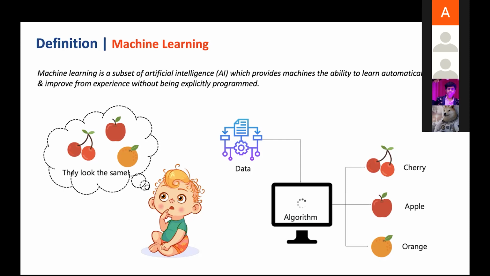Now the machine has learned what apple, orange, and cherry are. If you put in another apple, the machine will tell that this is an apple. It will classify automatically. We don't need to put a label again. Once the machine sees another unseen, untagged product, it can classify it. So that is machine learning.